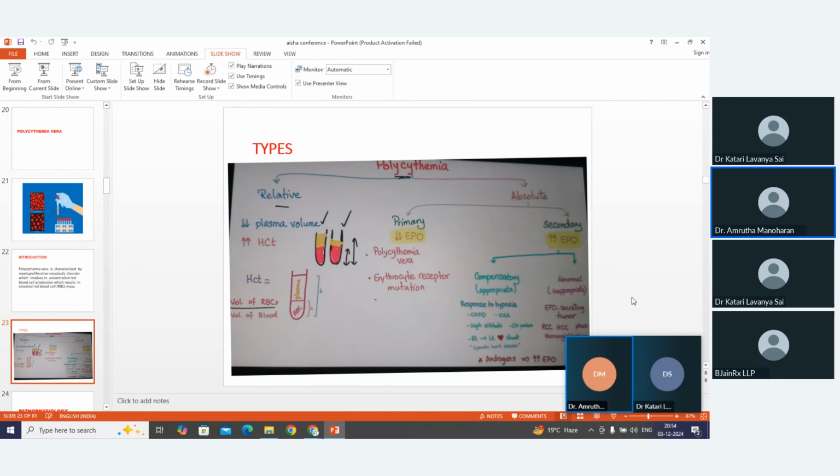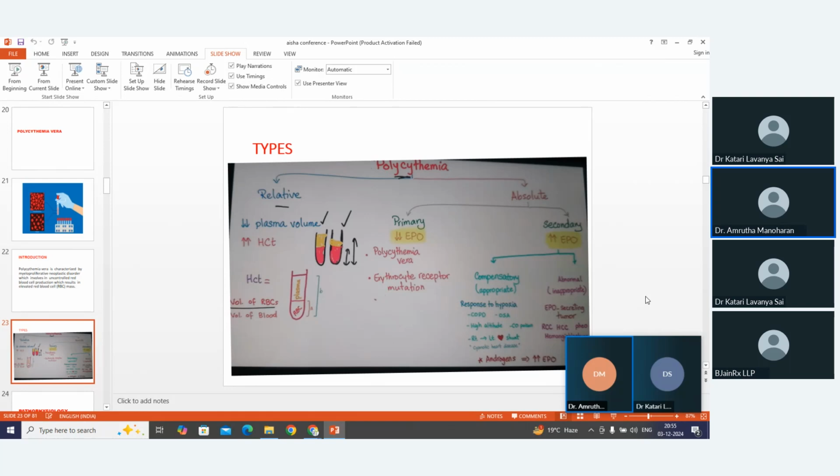Polycythemia is a neoplastic disorder of the myeloproliferative system, with increased red cell mass and red cell volume. These are two types, namely relative and absolute. Under relative, there is decreased plasma volume and increased hemoglobin concentration. Under absolute, it is of two types, primary and secondary.